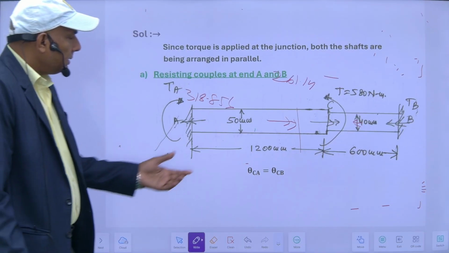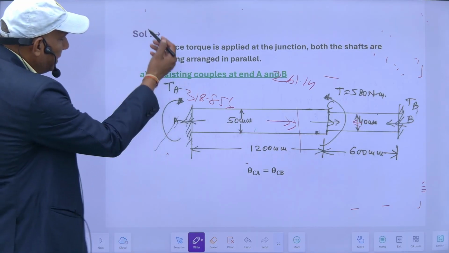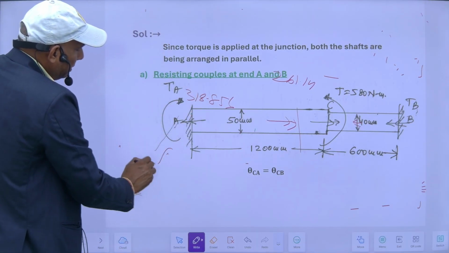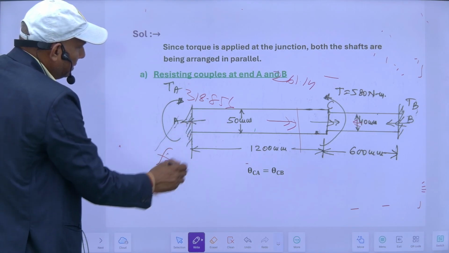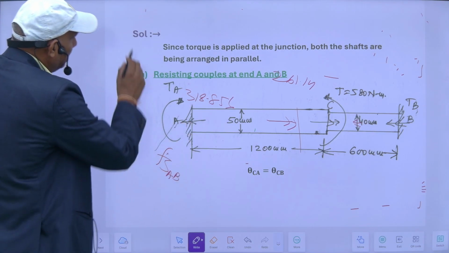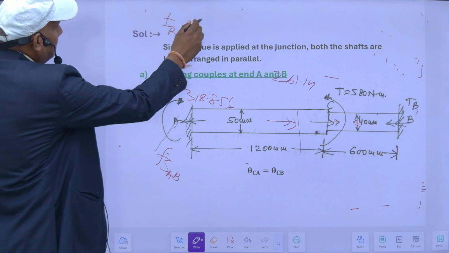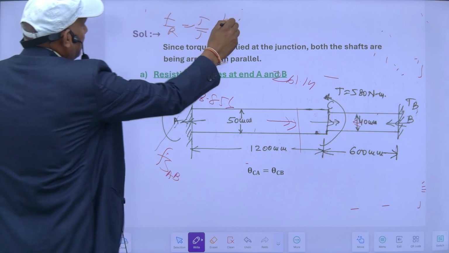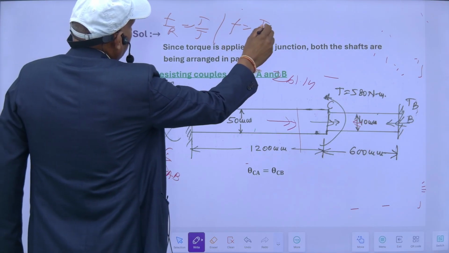So these are the values of this. So corresponding Fs of this AB portion will be equal to Fs upon R is equal to T upon J. So Fs is equal to T upon J into R.